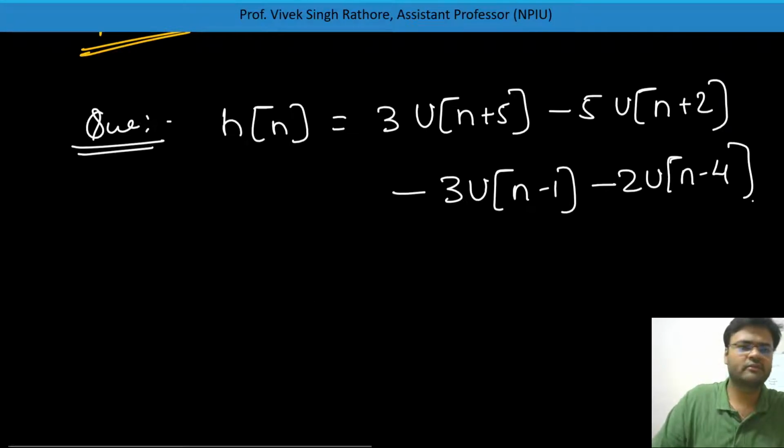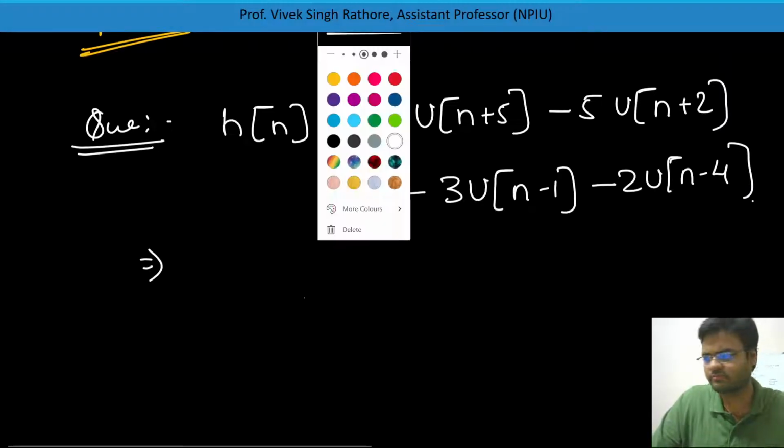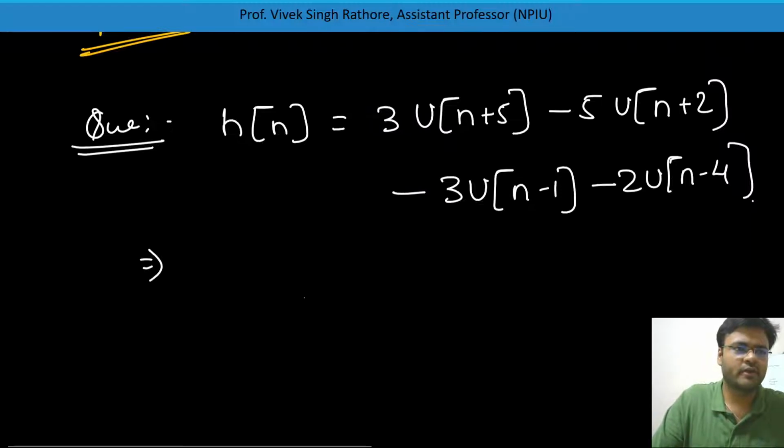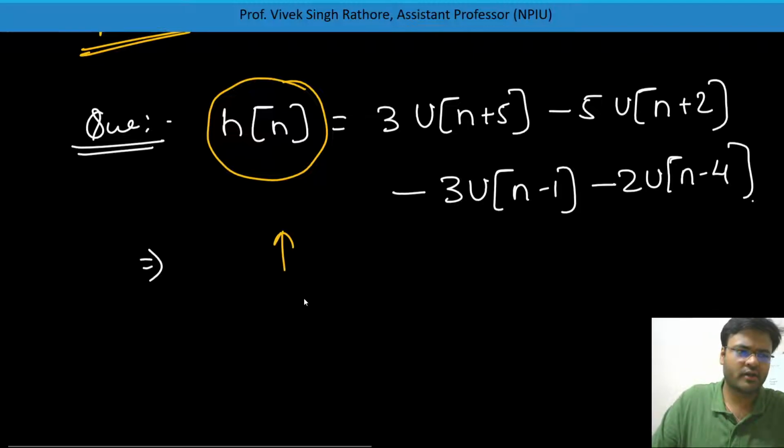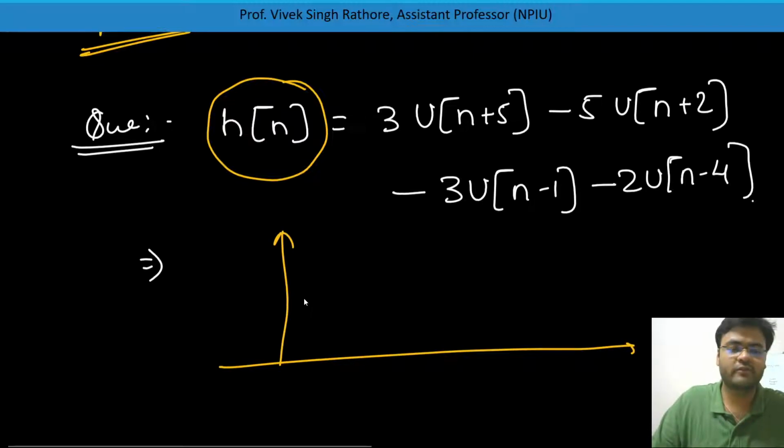You have been asked whether it is a stable system. How can you calculate it? If you have been given an impulse response and asked whether it is stable or not, you can plot it. Without plotting also you can tell the answer, but I'll tell you by plotting first.